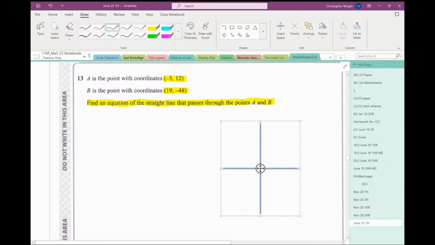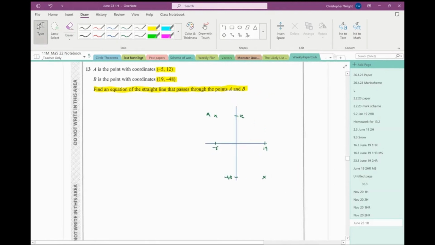So we're going to have A at minus 5, 12. And B is 19 along and at minus 48. There we go. And I'm asked to find the equation of the straight line that goes through A and B. This line.